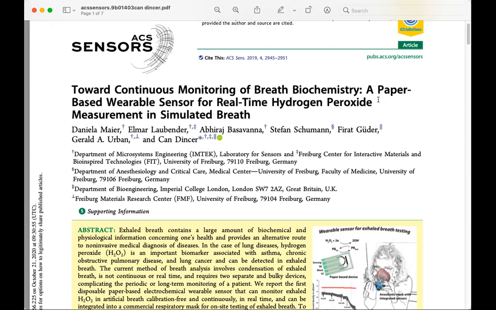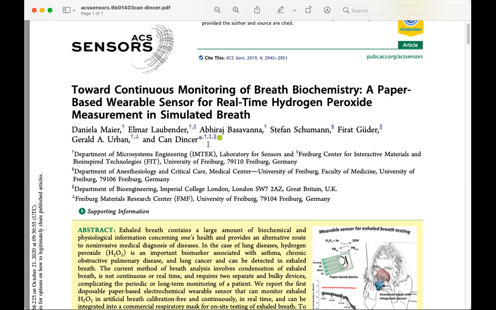It's not really important for him to highlight the hydrogen peroxide detection measurement, but what he wants to highlight is actually the paper-based wearable sensor, because paper we know is cheap, okay? So it's cheap to be mass-produced. So if you can do a wearable sensor based on papers, it's actually very novel, and a lot of people will be interested.